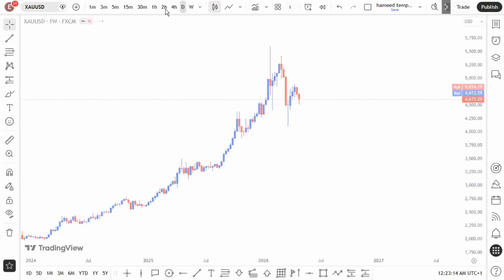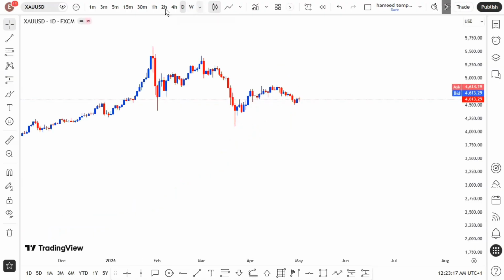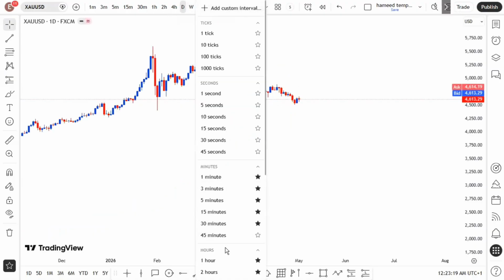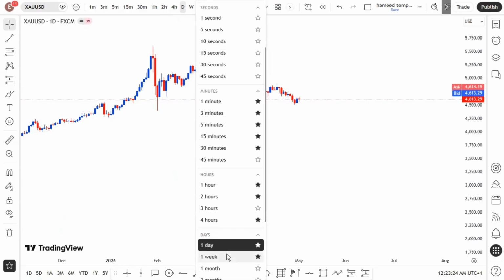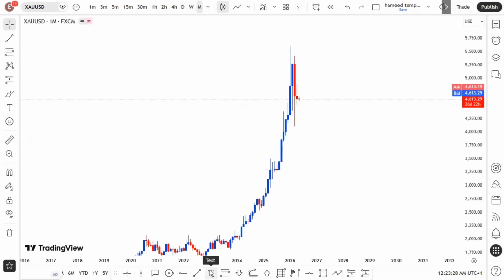But before we go to daily time frame, let's go to monthly time frame just to check the last month count because we are in a new month. So I want to know which count we ended last month with.